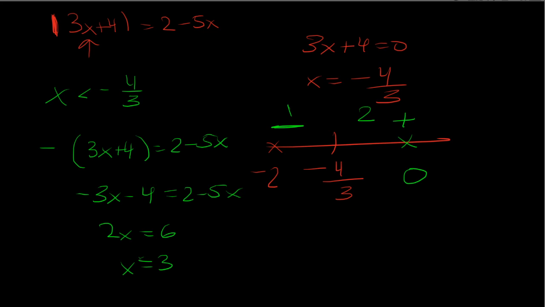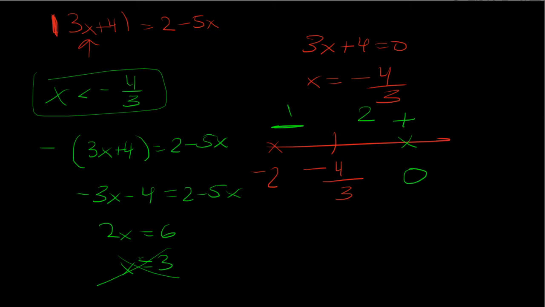Now ask yourself, is x equals 3 in this interval? Is 3 less than negative 4/3? The answer is no, so we don't include it. So there's no solution for the first case.